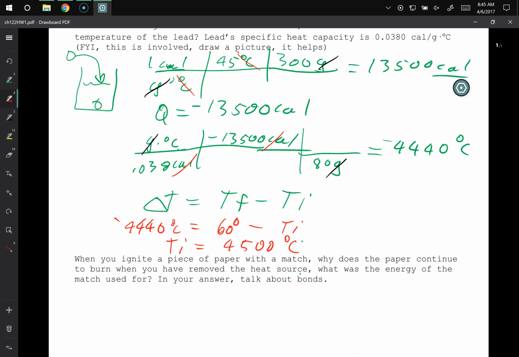Okay, how about this last one? Well, let's start off with what was the energy of the match used for? What was that energy in for?